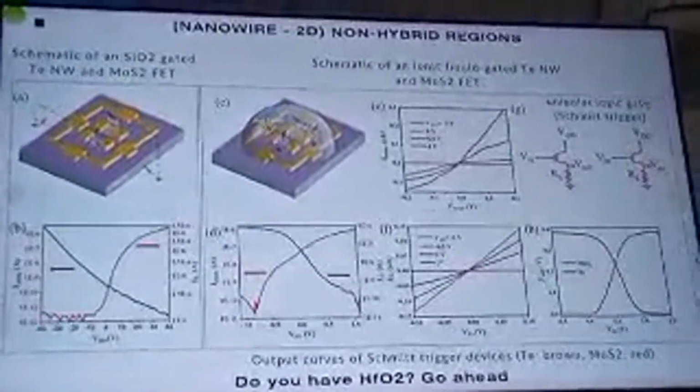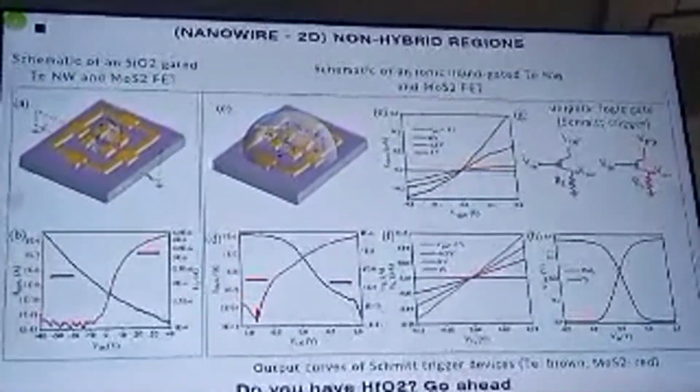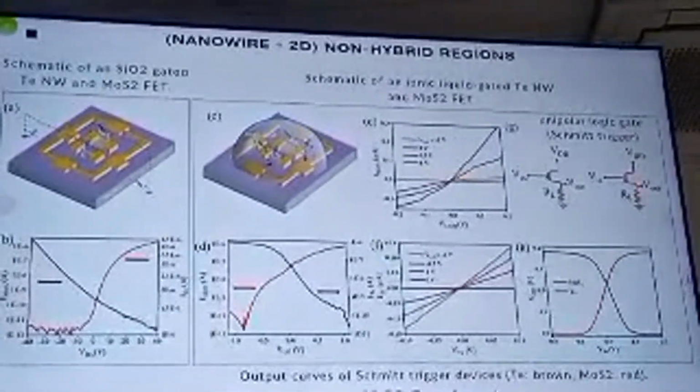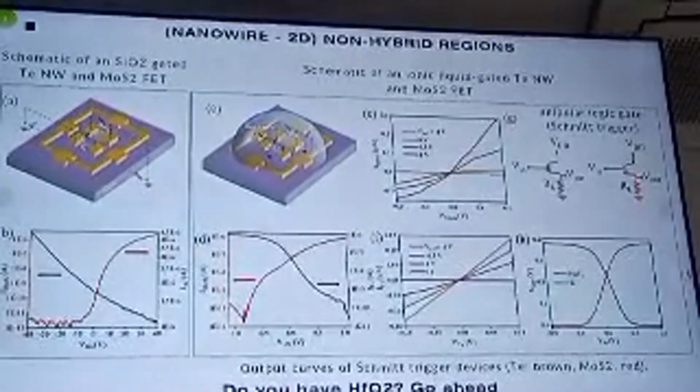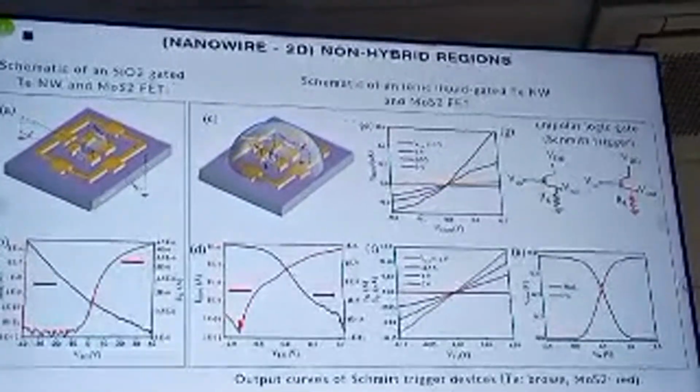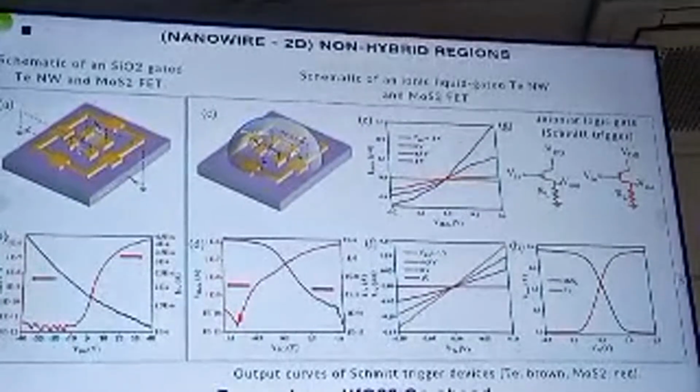Since I'm running out of time, we have used ionic liquid to enhance the gate dependence, because our gate is silicon oxide. I do not have hafnium oxide with me. If you have hafnium oxide, the same experiment can be done with the system.